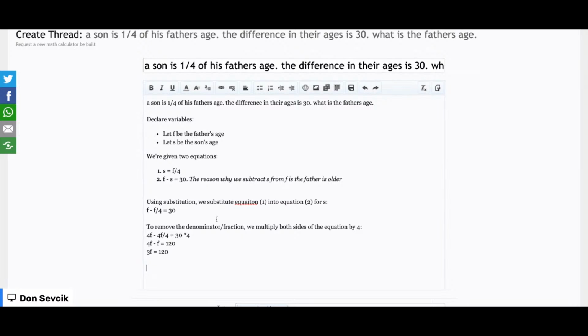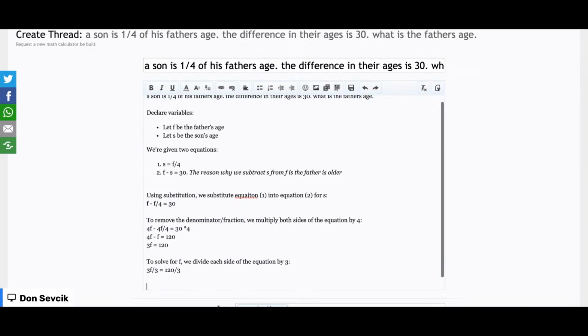All right, we are almost there. To solve for F, we divide each side of the equation by 3. 3F divided by 3 equals 120 divided by 3.